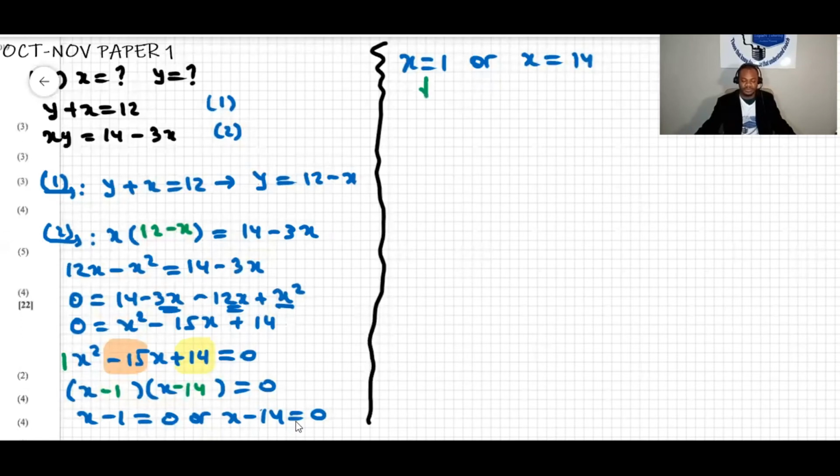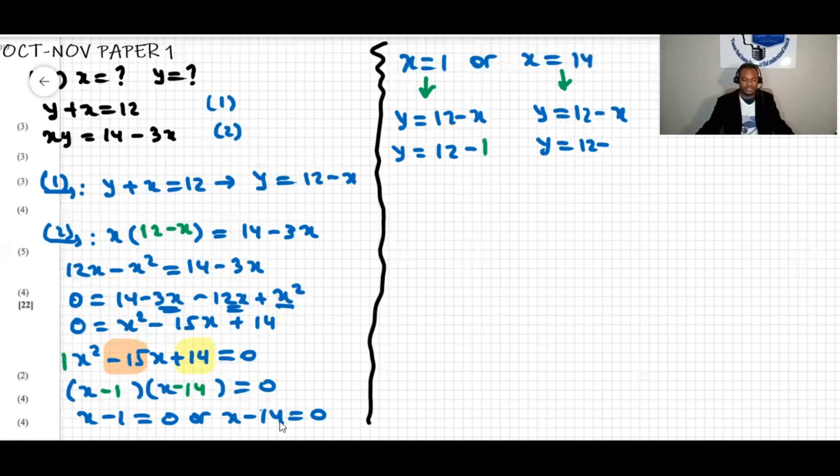So we substitute there. Now, because we worked out y equal to 12 minus x, we can substitute the value of x there. So over here, x has the value of 1, so we sub 1 there.